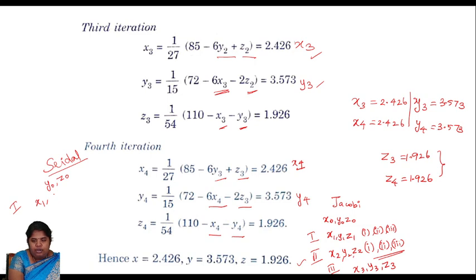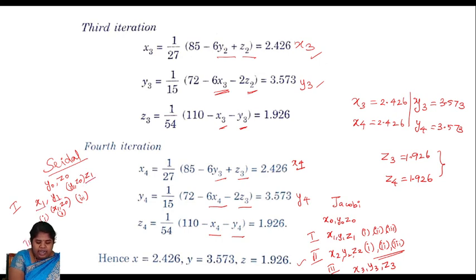And to obtain y1, we should replace x1 and z0 in equation 2. So, this is equation 1 and equation 2. And in equation 3, we use the y1 found. Okay, so we should replace x1, y1 and z0 to obtain z1. So, the first values are x1, y1 and z1.